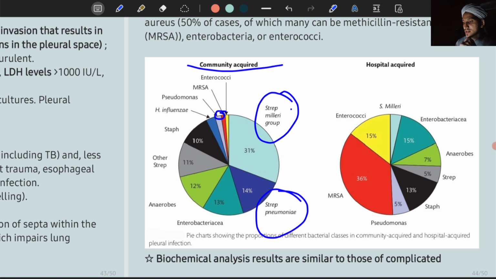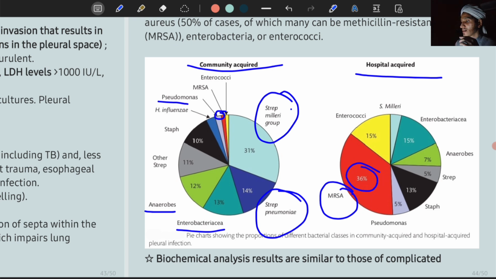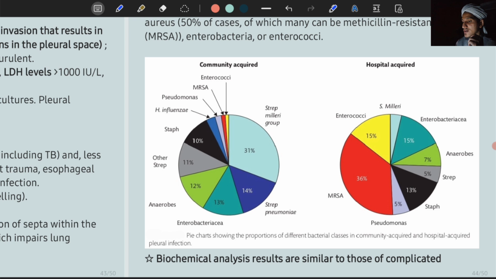Associated anaerobes and gram negative bacteria, you can also see Pseudomonas. In hospital acquired infection, see how much MRSA is contributing, 36%. And one thing you can also see here is anaerobes are associated in both. Usually it is a mixed infection. In hospital acquired, you should cover MRSA. That you should remember.